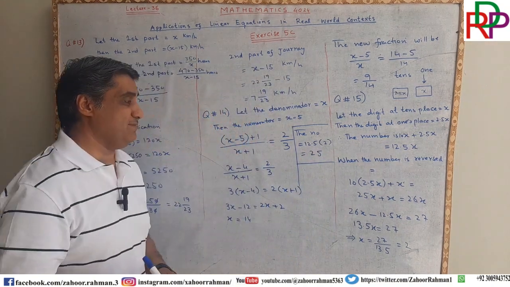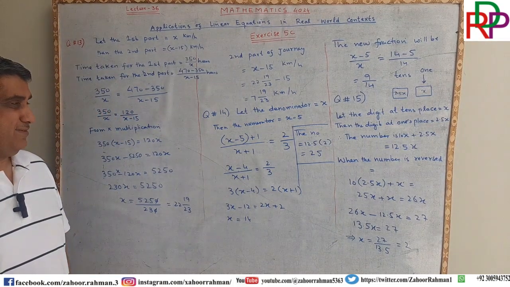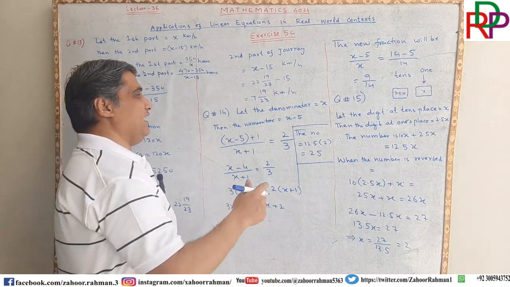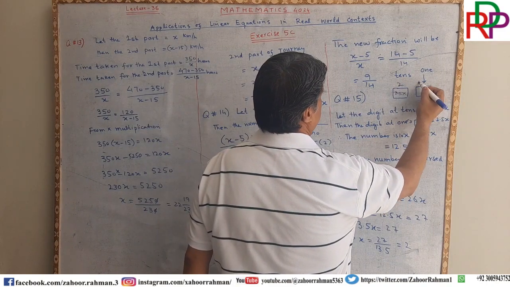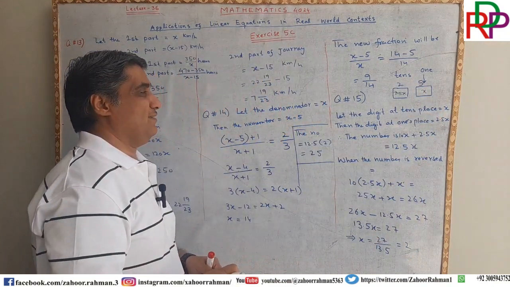So the two-digit number is 25. Now here we found that this is 2 and this is 5.